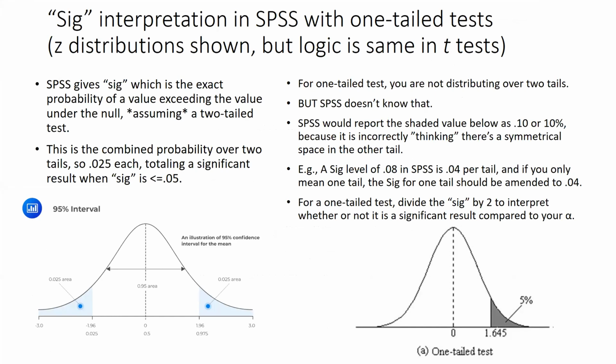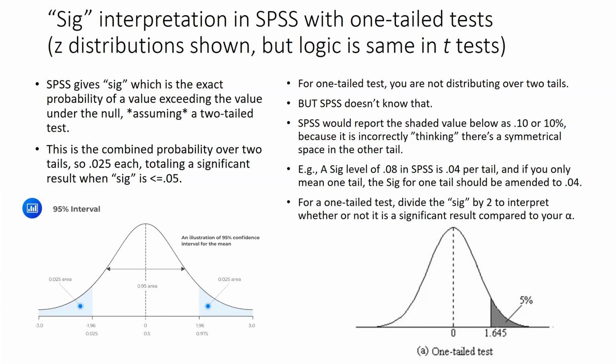SPSS gives you this Sig, and it's the exact probability of a value exceeding the value under the null. So it's the probability of a value in the tails. Now, that assumes, as I said, a two-tailed test. So it's the combined probability over both tails with alpha of 0.05.